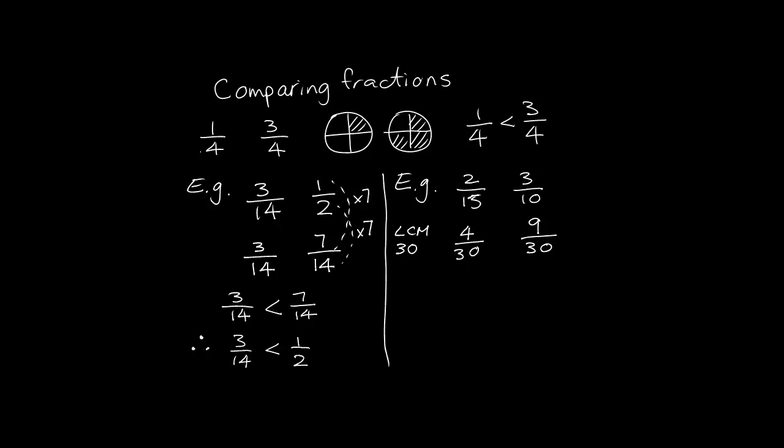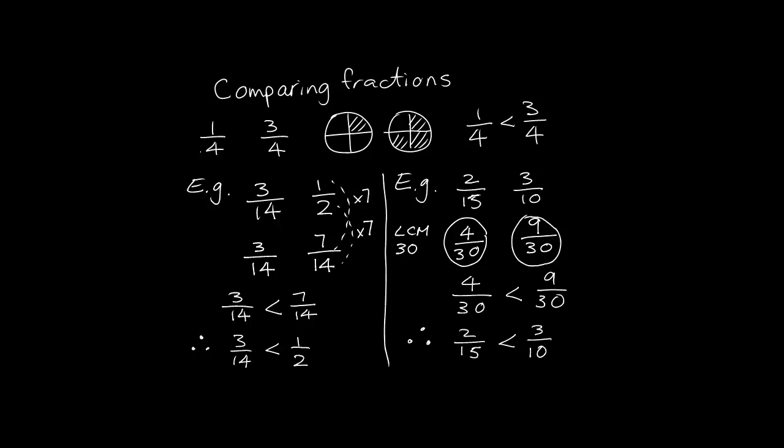Now, instead of comparing 2/15 and 3/10, I'm going to be comparing 4/30 and 9/30, and I can easily see that 4/30 is less than 9/30, which then leads me to say 2/15, which was equivalent to 4/30, must be less than 3/10, which was equivalent to the 9/30.